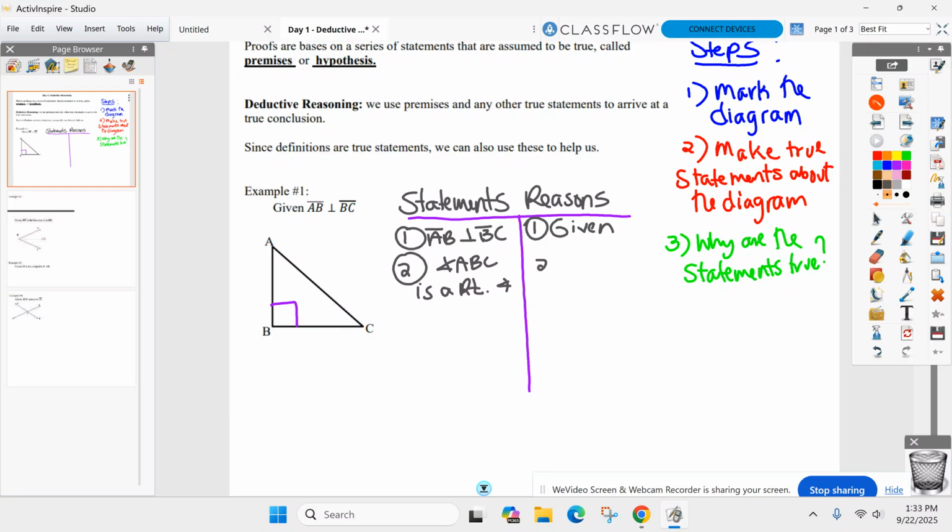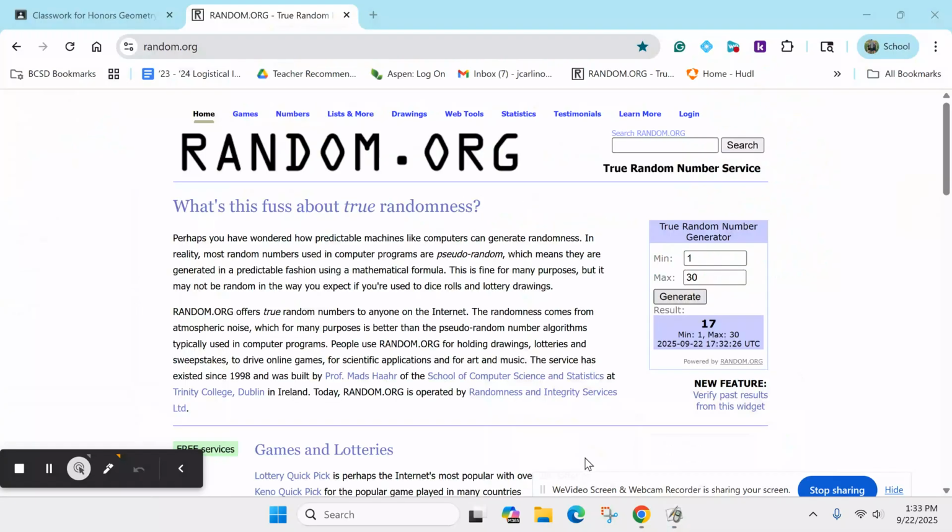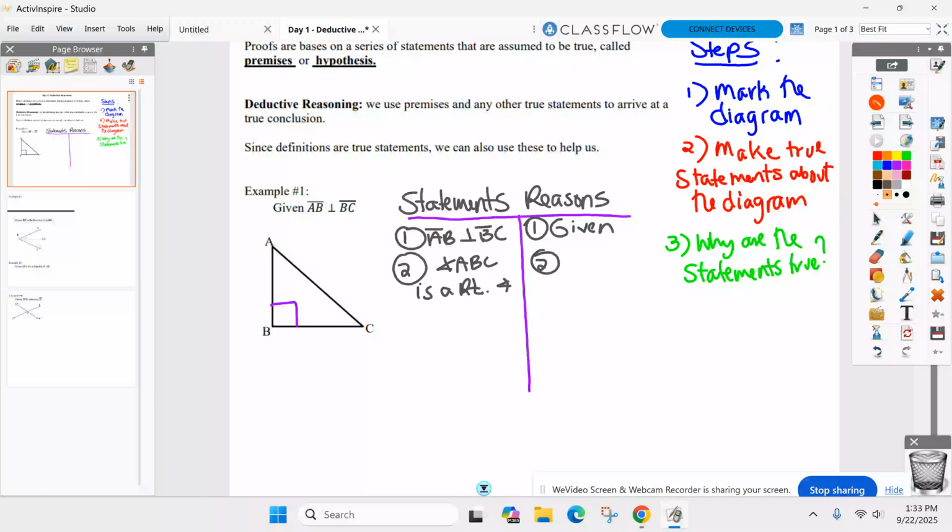All right, tough part. Why? Why did anybody put a right angle symbol on B? Why did you do that? Not because it looked like it. Not because I told you. Not because someone next to you did it. There was something up here that said you better put a right angle right there. What made us put the right angle there? In your own words. Liam?